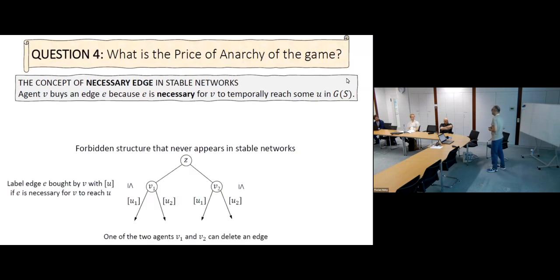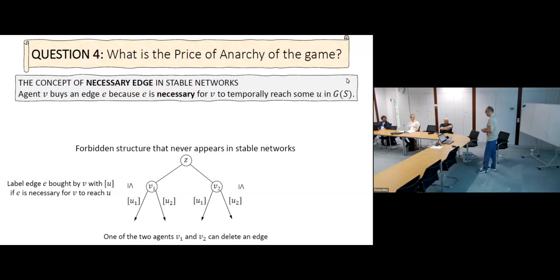By exploiting the concept of necessary edge, we discovered a forbidden structure, which is the structure that you see here, that never appears in stable networks. I'm not going to explain the details of this forbidden structure. It's a structure formed by 6 edges, but whenever the structure appears in the network formed by the agents, there is an agent that can always delete an edge. Okay?